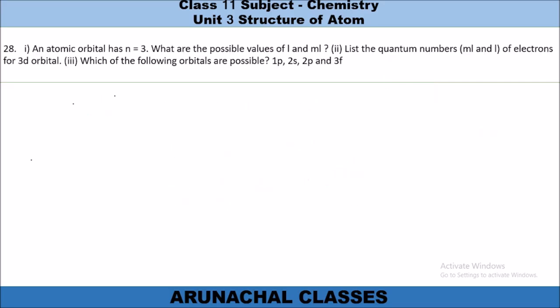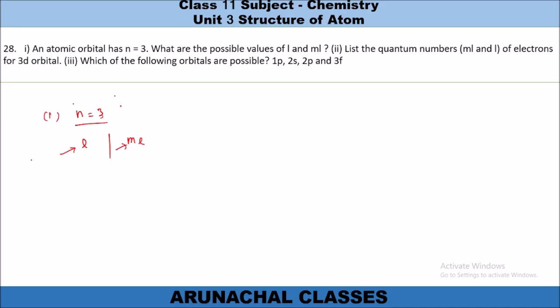Moving to question number 28 now. An atomic orbital has n value as 3. What are the possible values of L and m sub L? That is, we have to find the azimuthal quantum number and the magnetic quantum number.